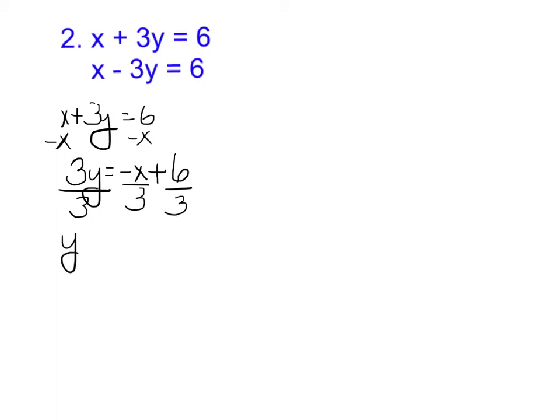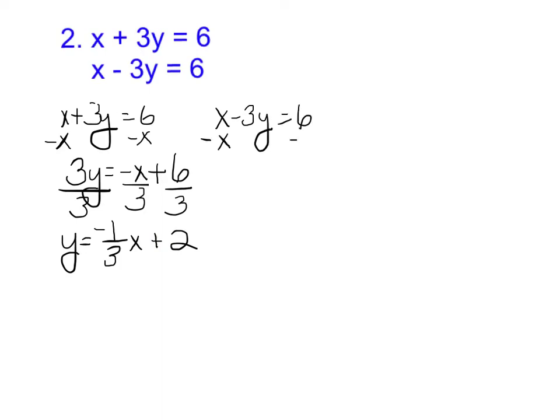That would give me y equals, there's a 1 in front of that x, so that means I have negative 1/3 x plus 2. We know our line is going to be going downhill, and it's going to cross the y-axis at an intercept of 2. Let's solve the second equation. x minus 3y equals 6.